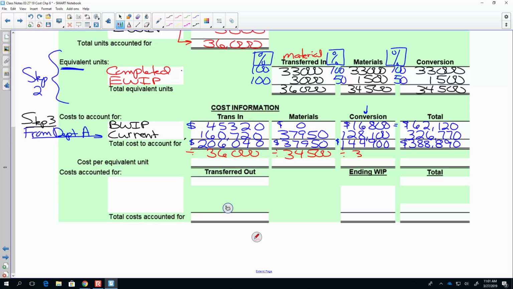Now it's up to you how you wish to do this on your template. You don't have to have the numbers there. You can just do a division in your formula. I'm just putting my numbers here so we can see what we're doing.